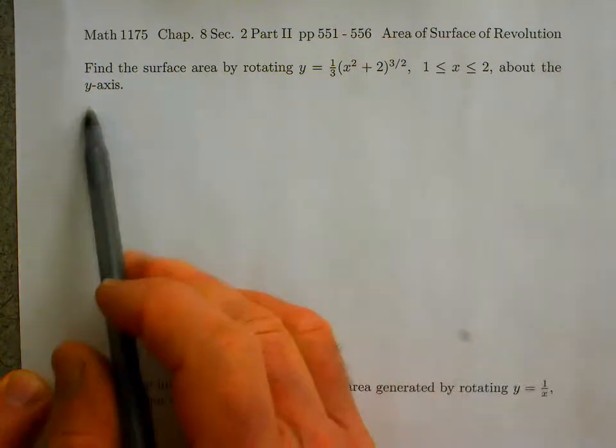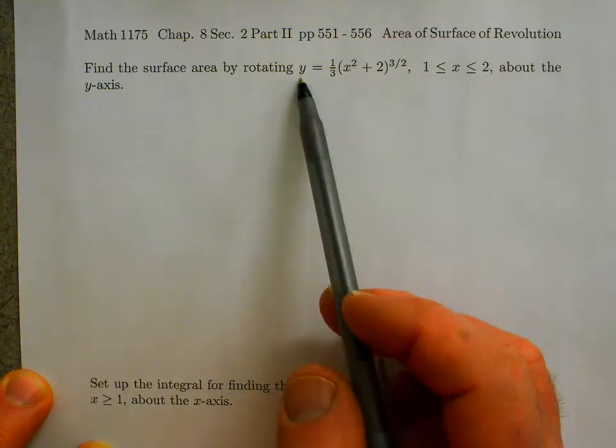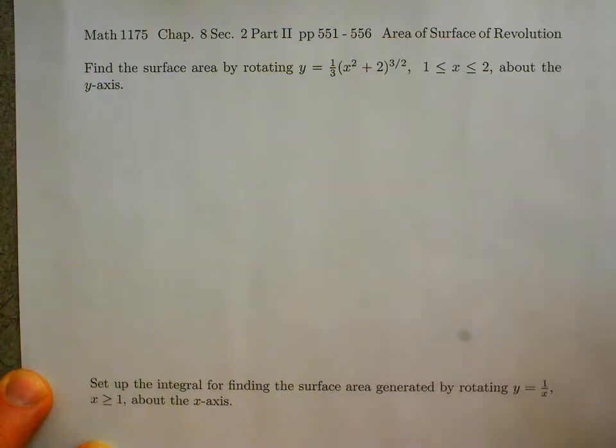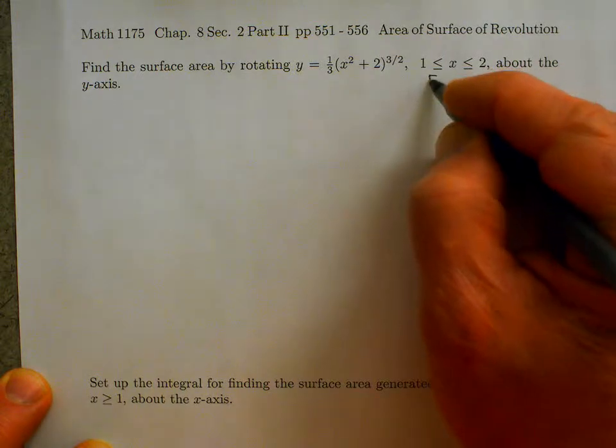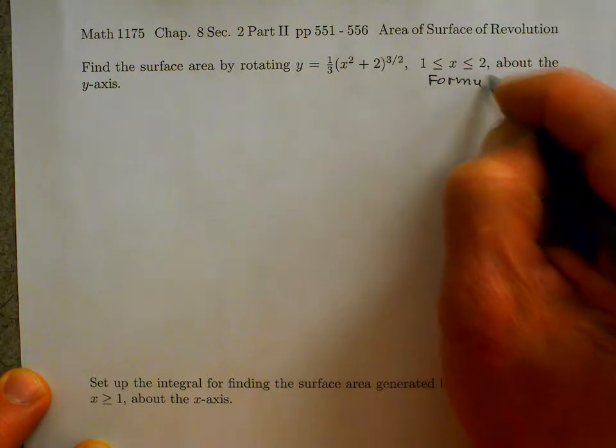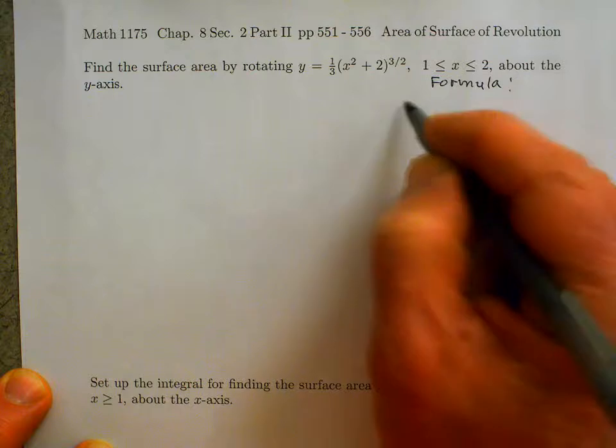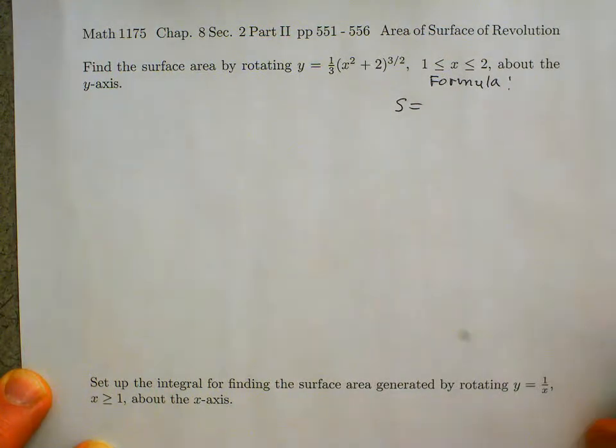Since we're rotating about the y-axis and we're given y as a function of x, what formula do we use? Let's just write down the formula for the surface area in this case.